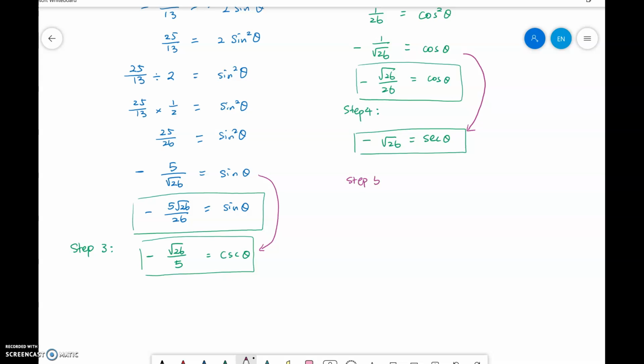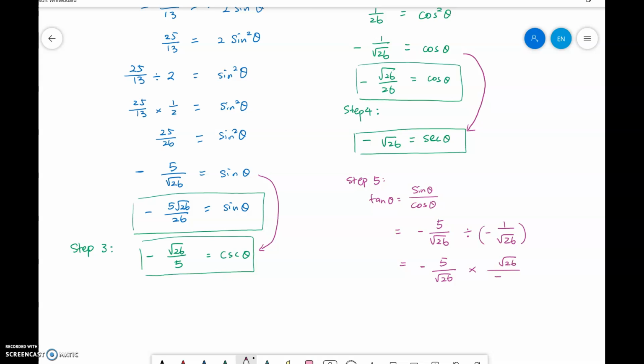Step 5, I'm going to find the tangent of theta using sine of theta over cosine of theta. I do not want to have more complex fractions, so I'm going to change the fraction sign into a division sign. Sine of theta is negative 5 over square root 26, using the pre-rationalized version. Cosine of theta is negative 1 over square root 26, still the pre-rationalized version. Dividing by a fraction is the same as multiplying by its reciprocal.